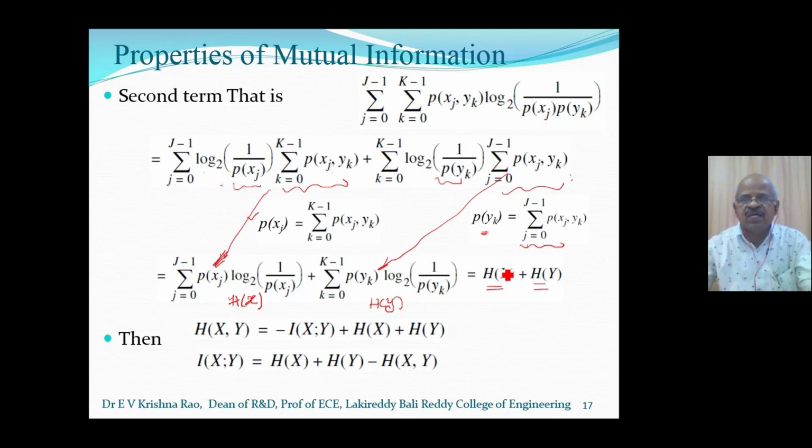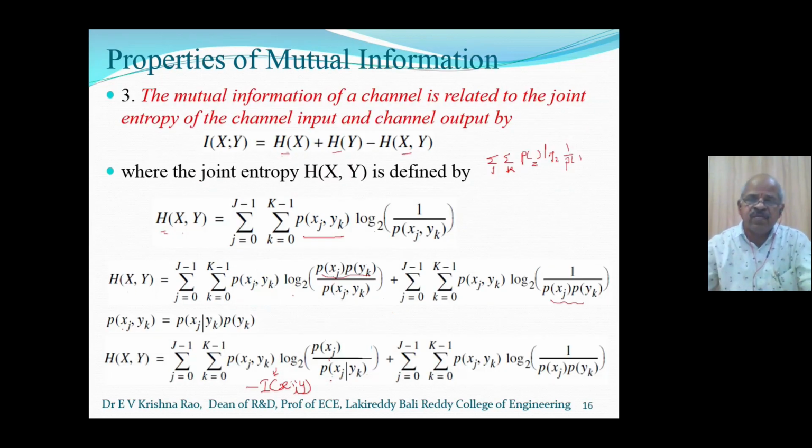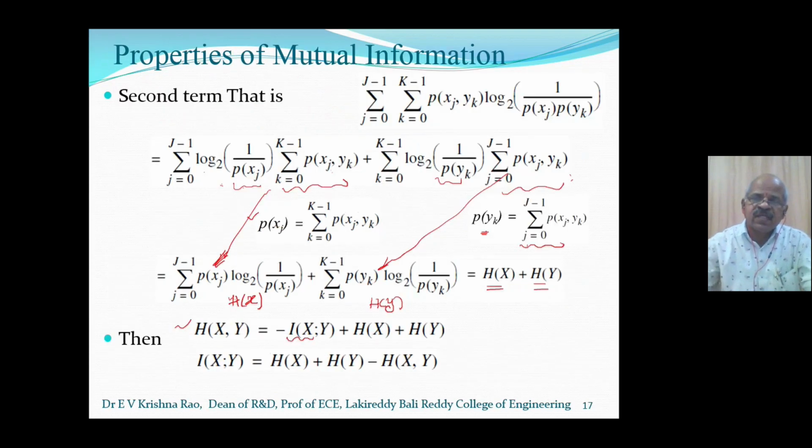This is the second term. And the joint entropy in the first term gave us minus the mutual information, and this second term is nothing but H of x plus H of y. So ultimately the mutual information is H of x plus H of y minus H of x comma y, where this is the joint entropy, the entropy of input, and the entropy of output.